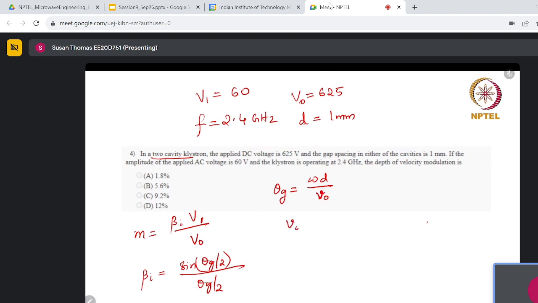The electron velocity can be calculated as 0.593 into 10 power 6 into the square root of capital V0, the DC voltage. So 0.593 into 10 power 6 into square root of 625 gives the electron velocity. Then go back and substitute here. Can you quickly calculate and tell the value of theta and small v naught?